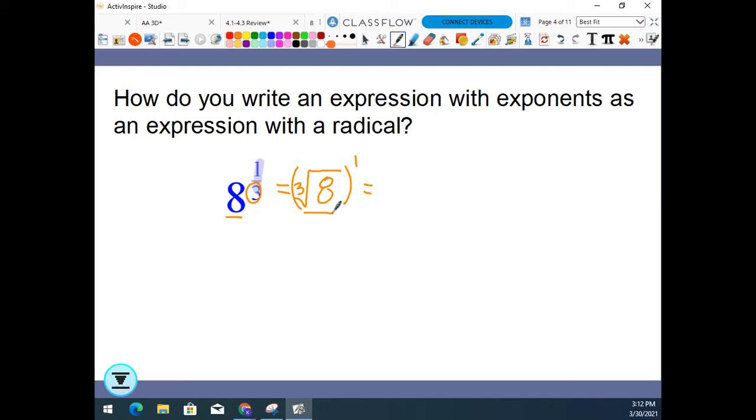But then we can simplify. The cube root of 8 is 2. So it might be harder to recognize that 8 to the 1/3 is 2. But 8 to the 1/3 is the cube root of 8, and the cube root of 8 is 2. All of these are equivalent. And the most simplified is 2.